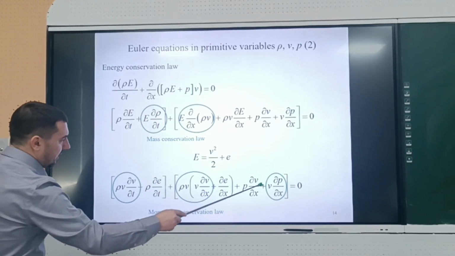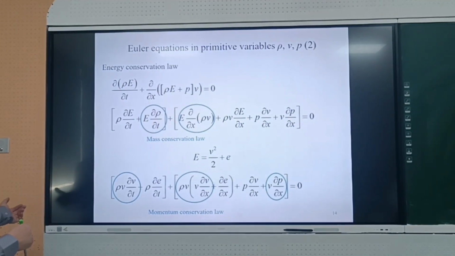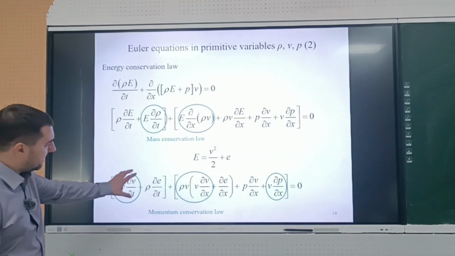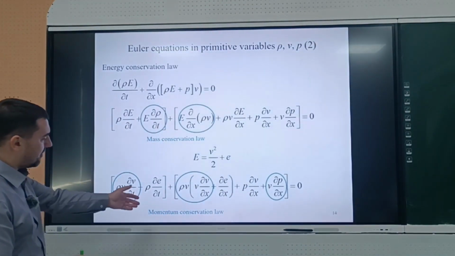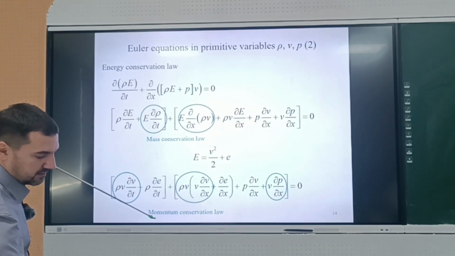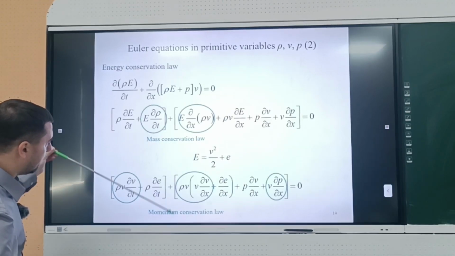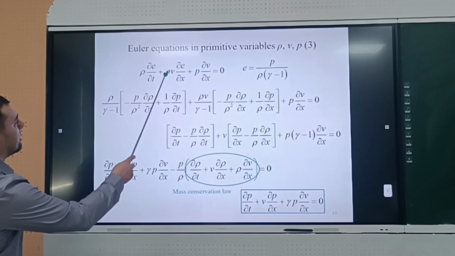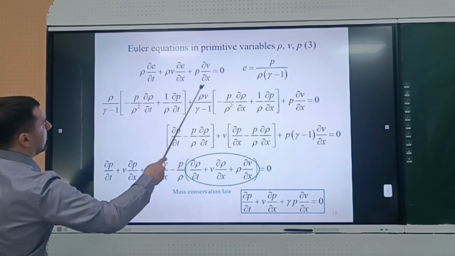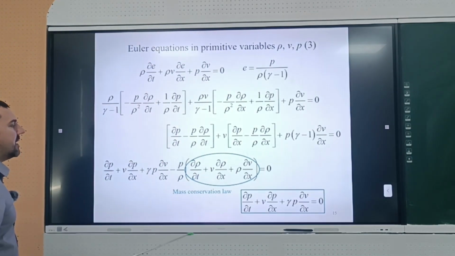And then we again can find the terms corresponding to the equations that we have already analyzed. Specifically, we can find that these three terms are the momentum conservation law, or this Euler equation here. And then our energy equation reduces to this one, and then we have the last step.